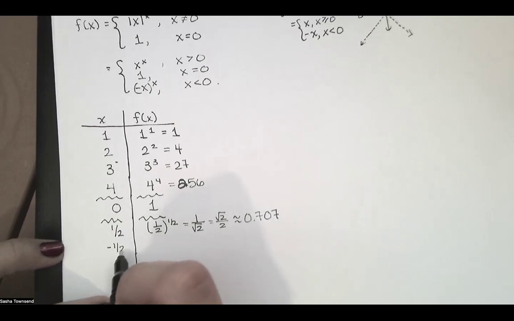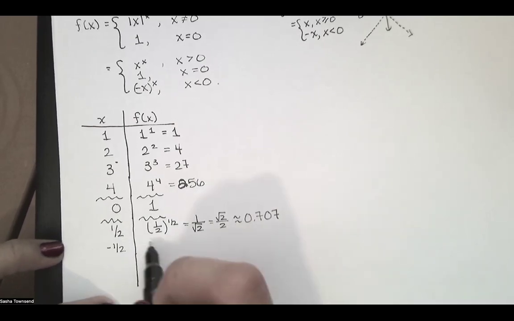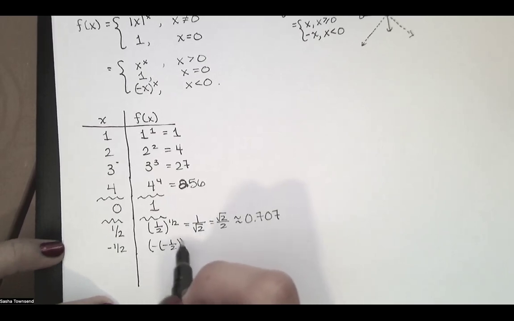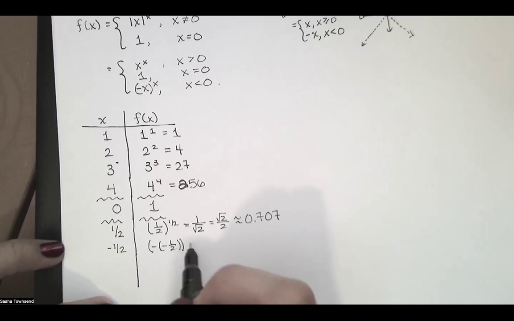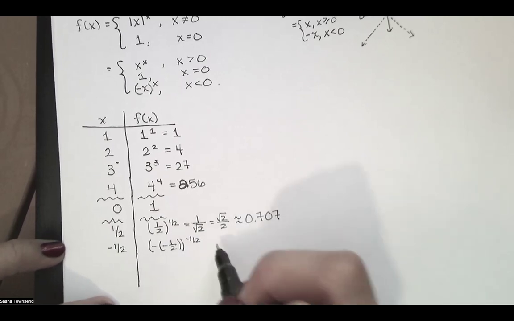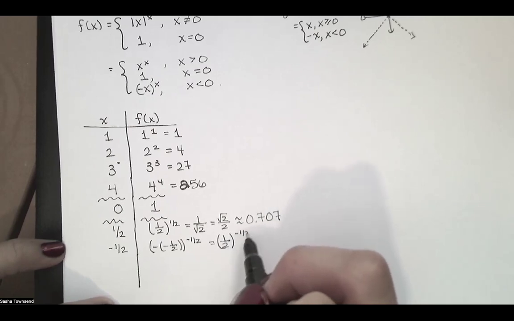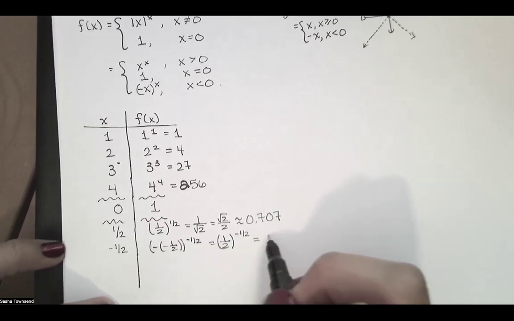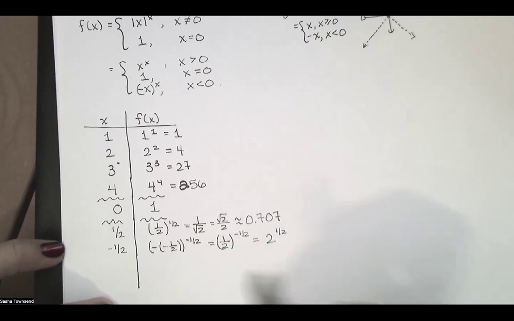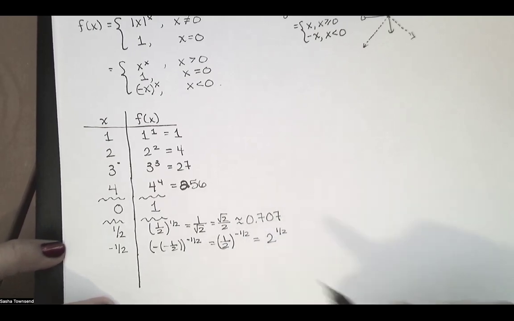When x equals negative 1/2, that might also be interesting. We'll take the absolute value of negative 1/2, which is positive 1/2, and we raise that to the negative 1/2. So this turns out to be 1/2 raised to the negative 1/2, which is the same as 2 raised to the positive 1/2. So we can flip this if we change that sign.